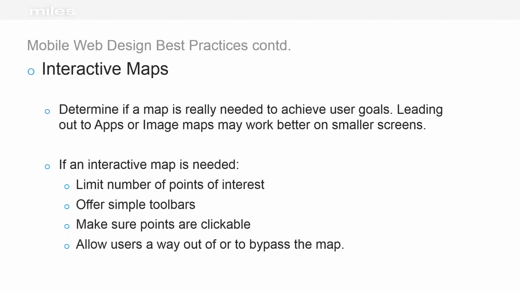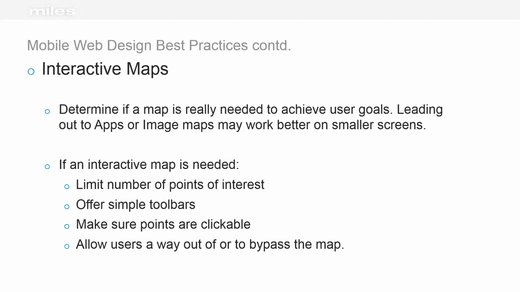Do we actually need to give them a map, or is it better to give them the option to go out to get directions and push them to map apps that they're already working with and that are already created as your first option? Another option to look at, is it really something that's more about point of reference so that they have an idea of where something is? So is an image map a little bit better than trying to actually pull in a full interactive map?